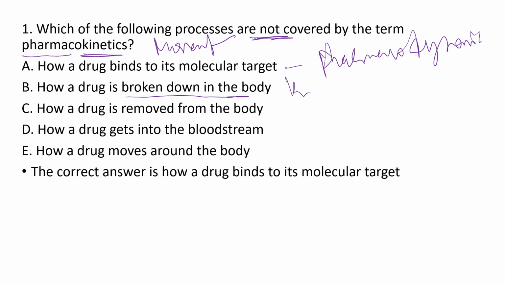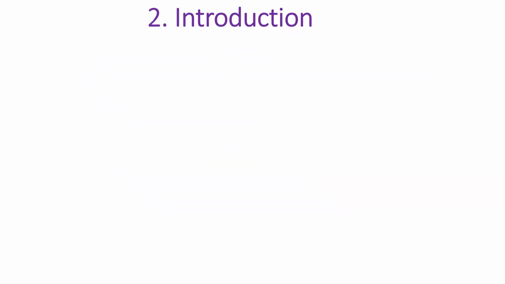So that is kinesis. Removed from the body, excretion or elimination. Gets into the bloodstream, that is distribution. And moves around, that is also distribution, right? So these are the pharmacokinetic processes, all these four pharmacokinetic processes. So the one that is not is pharmacodynamics.